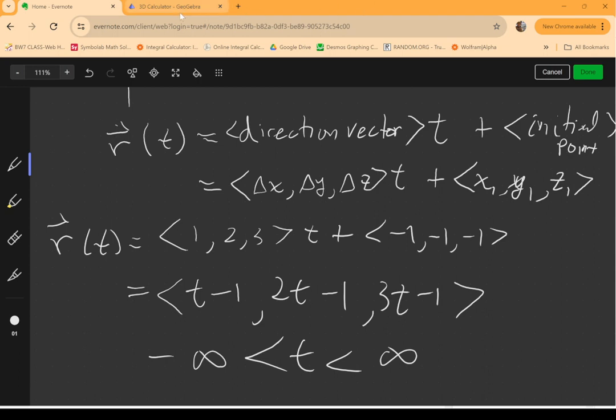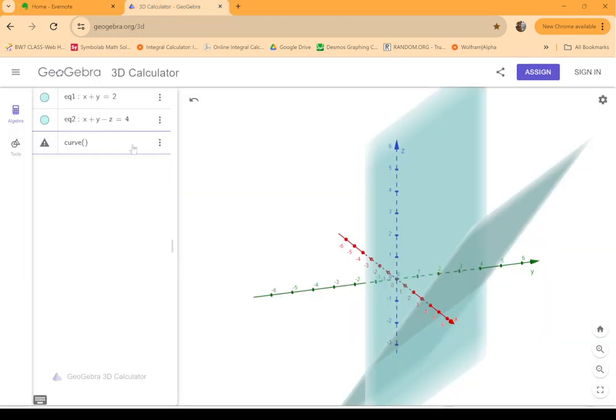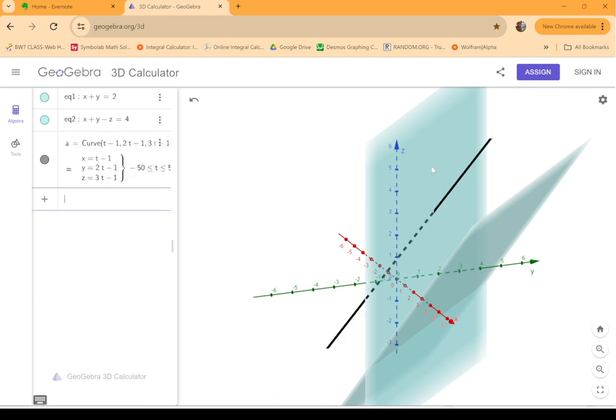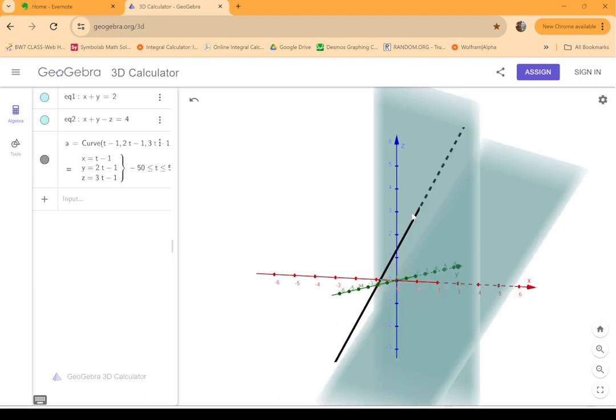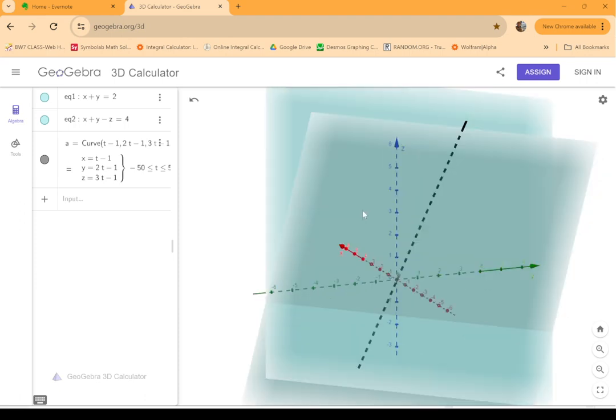So let's take a look at this: t - 1, 2t - 1, and 3t - 1, and then the parameter t, and we'll say negative 50 to 50. And you can see there, now we have a line in space.